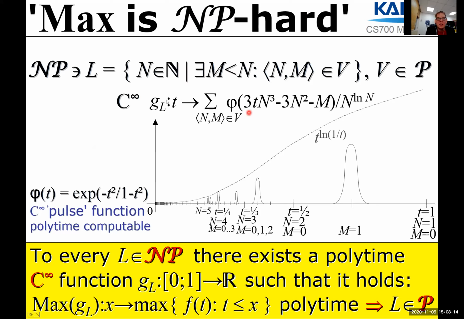So this new function is still smooth, still C infinity, and this new function is still polynomial time decidable, for the same reason as previously, now adjusted to the tighter scaling. Namely, we can evaluate the function by checking which pair n comma m the given argument t belongs to, which subinterval indexed by n comma m t lies in, and then invoking the decision procedure to see whether this subinterval belongs to V or not.